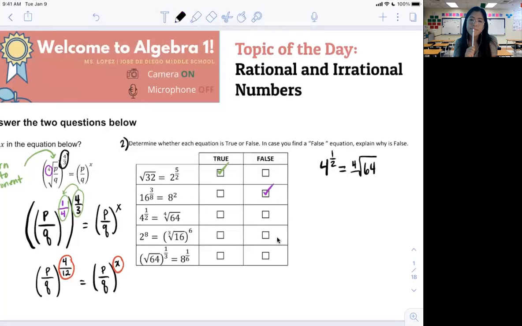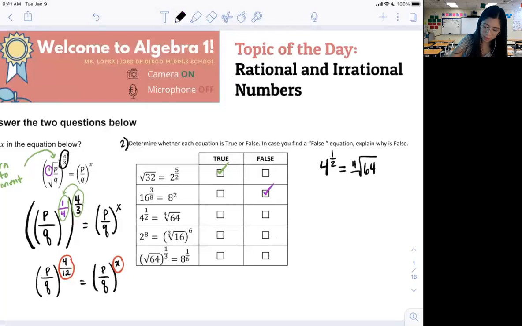So should I turn 4 to the power of 1/2 into a radical so that they're both radicals? Or should I turn the fourth root of 64 into an exponent so that they're both exponents? I think you should turn them into a radical. Let's do the radical.